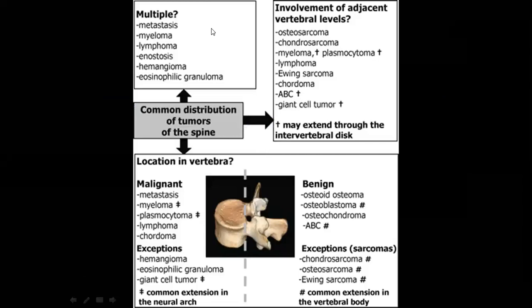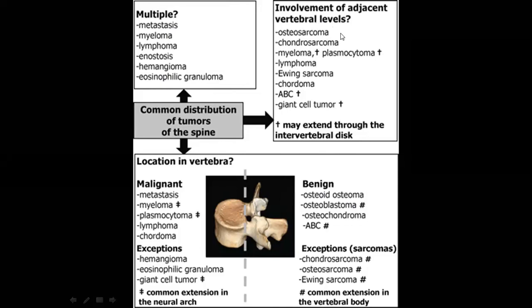I think maybe some people saw it before, but it is a very nice explanation. When you find multiple lesions, what do you think about? Metastasis, myeloma, lymphoma, hemangioma, okay, and eosinophilic granuloma, which is Langerhans.